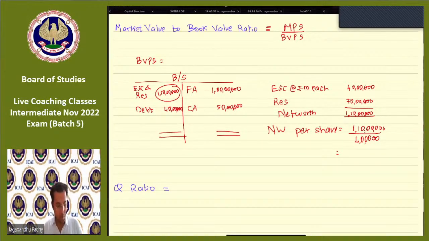So that works out to be how much? 1 crore 10 lakh divided by 4 lakh is 27.5. So per share, we have a book value of 27.5, right?